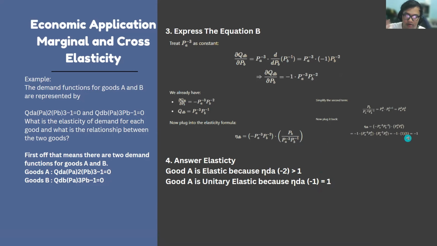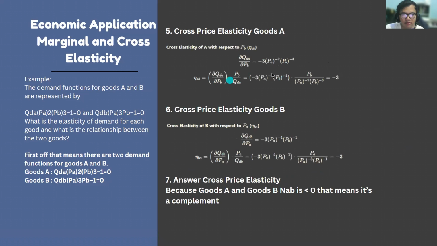Okay, it isn't finished because we haven't found the relationship between the two goods. Now, to get the relationship between two goods, we can use cross price elasticity: the cross elasticity of good A with respect to B. We can use this: partial QDA per partial PB equals minus 3 in parentheses PA power minus 2 PB in parentheses PB power minus 4.